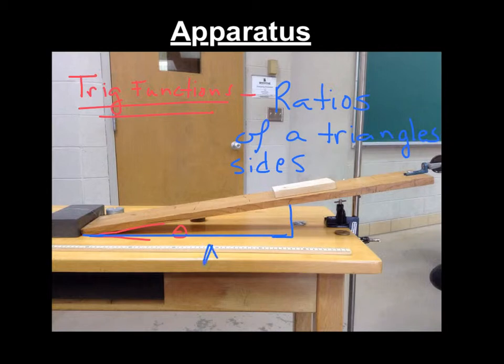You just need to measure the adjacent side and the opposite side, and then you know that tangent theta equals opposite over adjacent. You have no reason to measure an angle. You don't need a protractor because your measurements with the meter stick, such as this one right here, are going to be more accurate. And it's also going to give you a great way to get your plus or minus values.